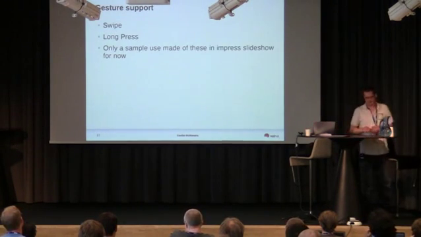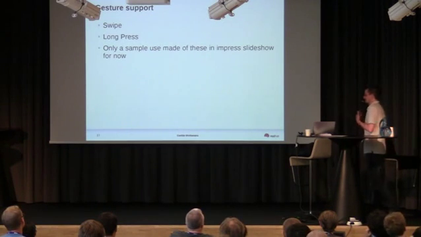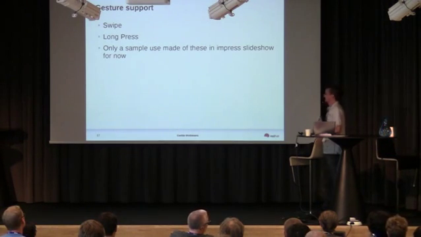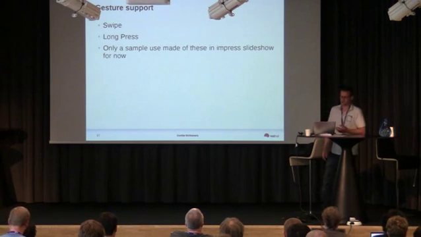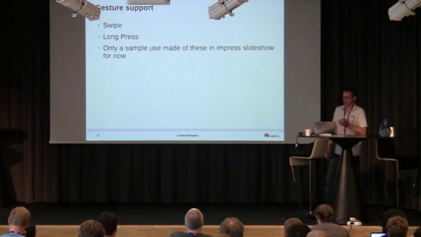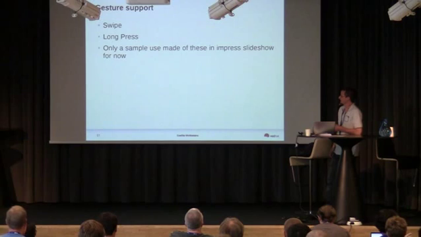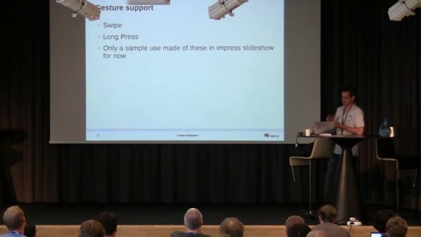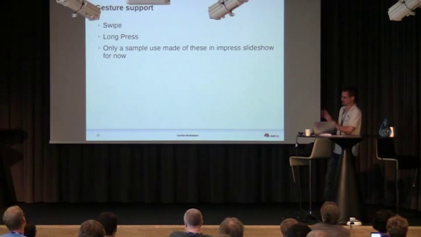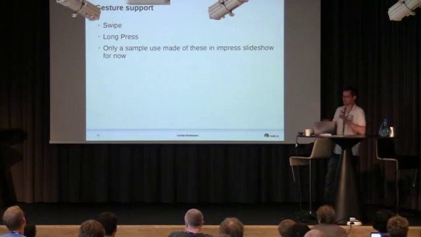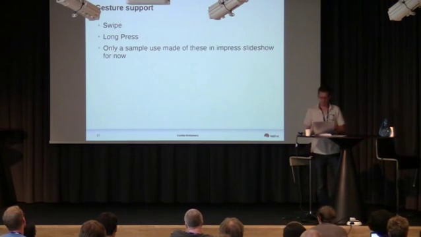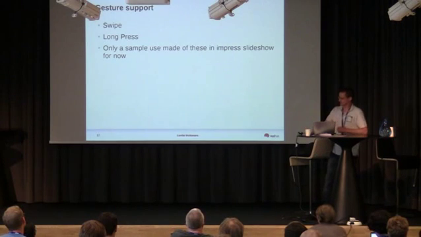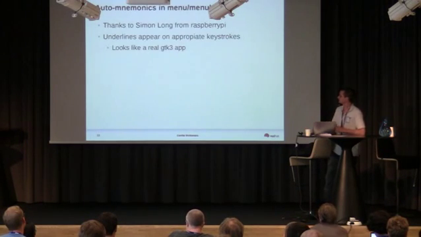But that does allow us in GTK3 to get some gesture support. So we have the swipe, long press, and a couple of those that are in the slideshow at the moment. There's also some other work going on in the Android port, so we basically need to merge what we're doing in GTK3 with some of the work in Android, so we can make use of the support that's being added for mobile devices and make use of it for the FAT app as well.